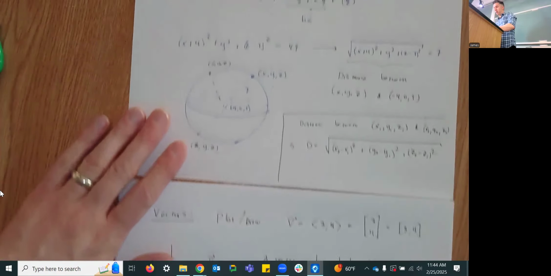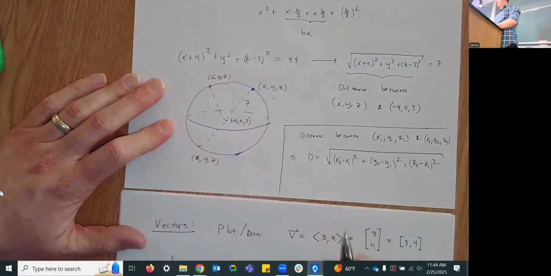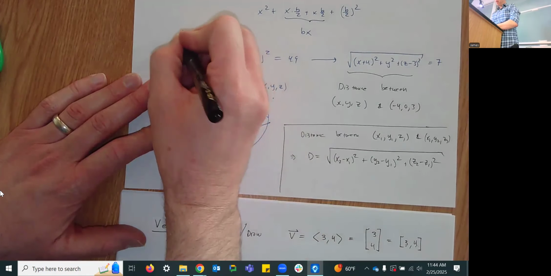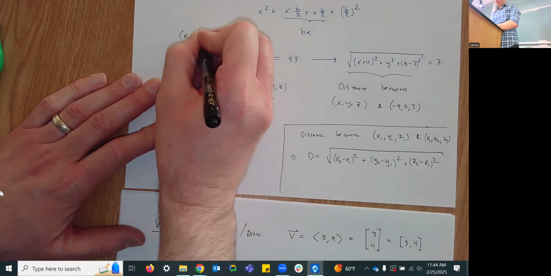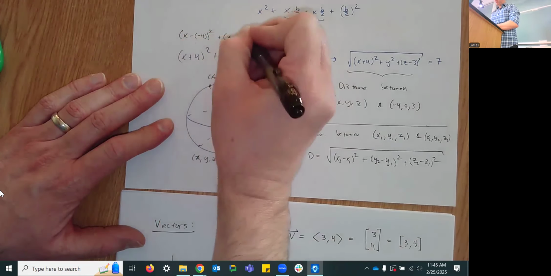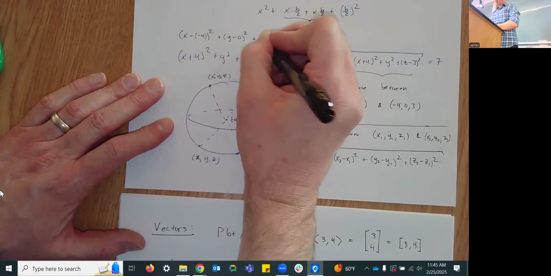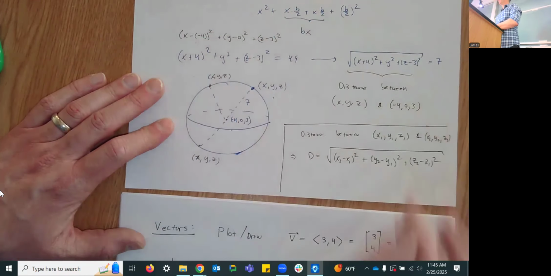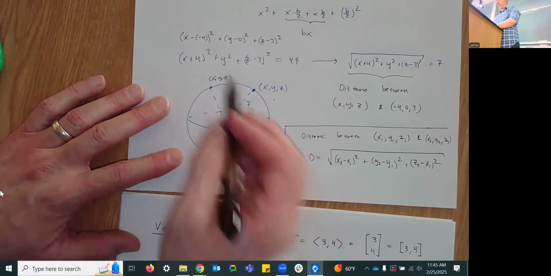I'm going to rewrite this so it looks a little more like the distance formula. Sorry, you can't quite see that. This is really (x minus -4) squared plus (y minus 0) squared plus (z minus 3) squared, and that's equal to 49.